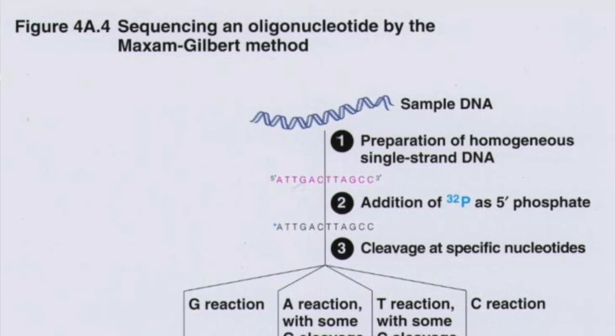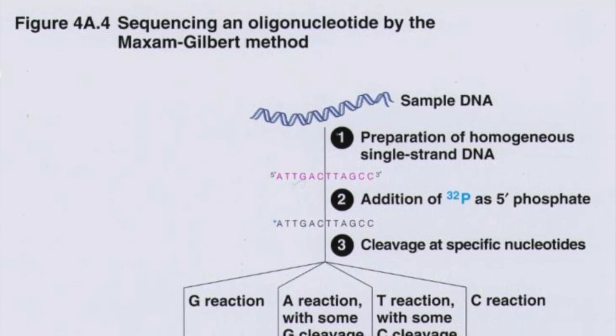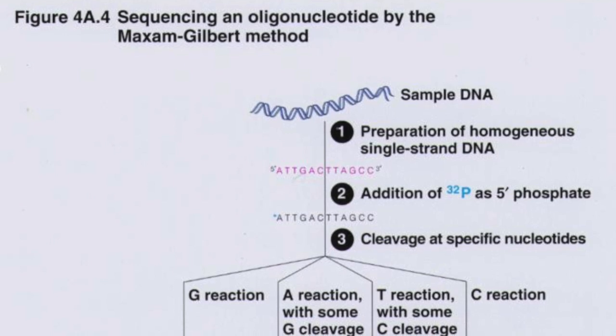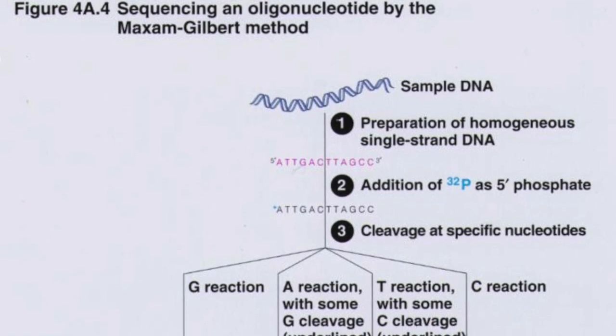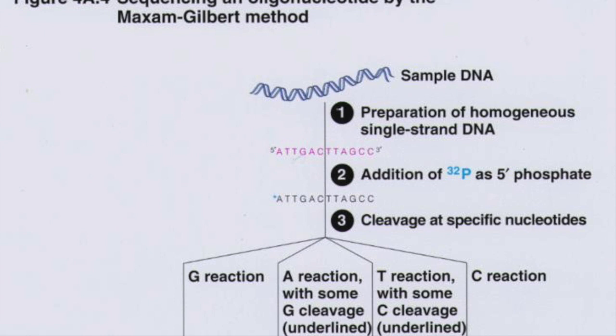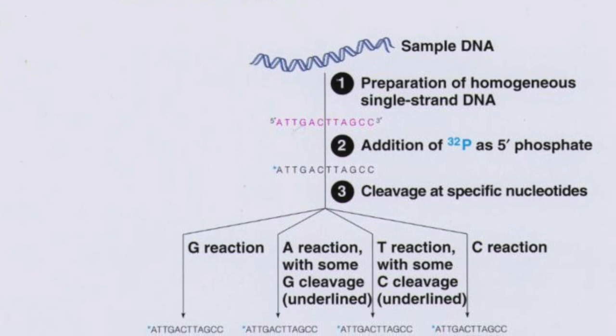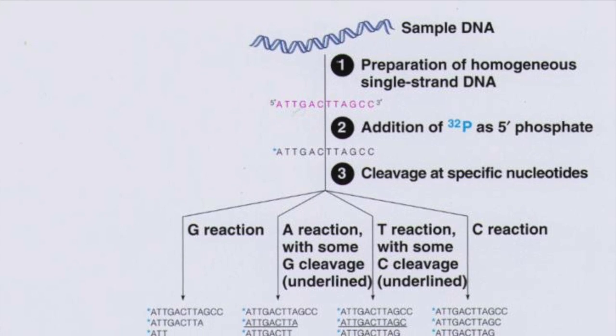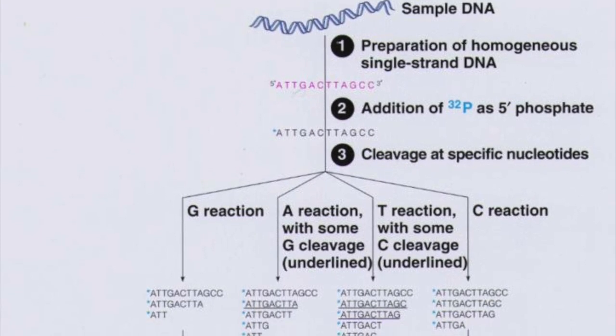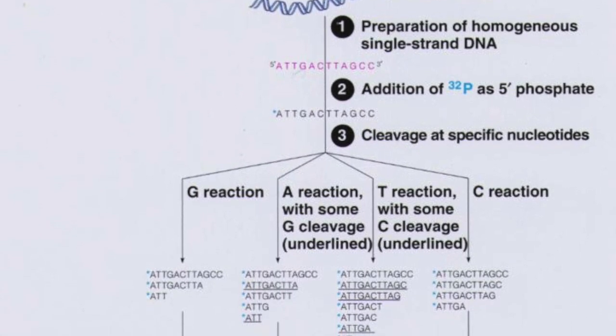The general steps for this method are: first of all, you have to have one strand or double-stranded DNA sample. Then you have to separate the homogeneous single-stranded DNA and label the 5' end with radioactive 32P phosphate. The second step is the modification of the base.